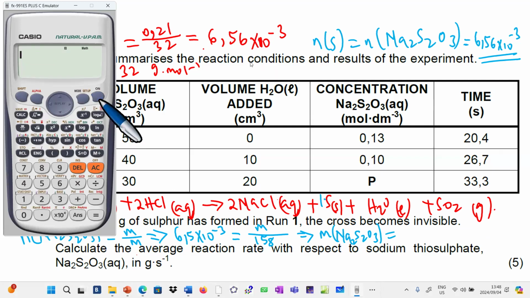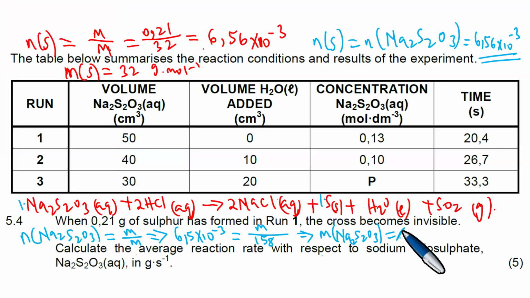You can also do 0.21, the accurate number of moles, divided by 32, times 158. Yes, it's 1.04, the accurate answer. So the mass of the sodium thiosulfate is 1.04 grams.